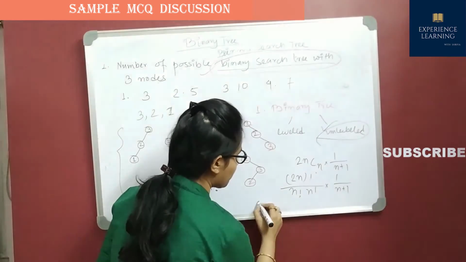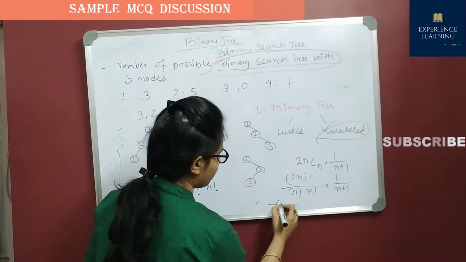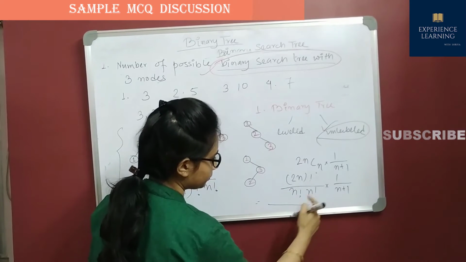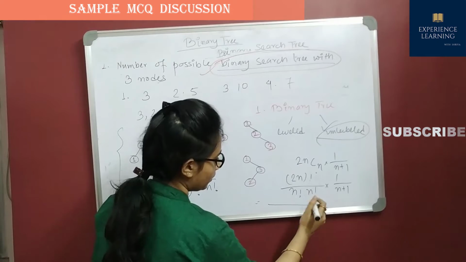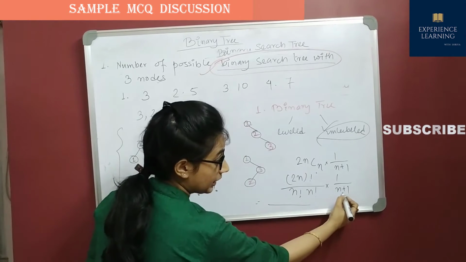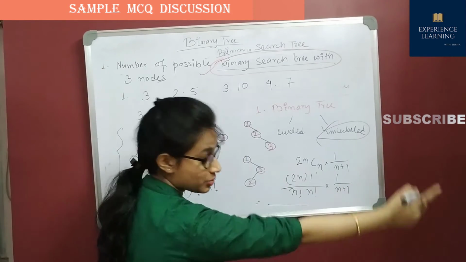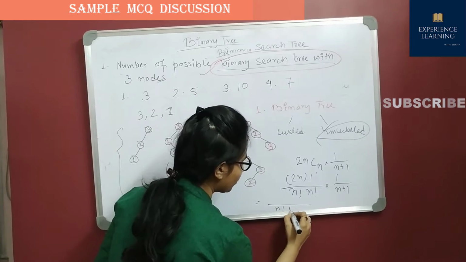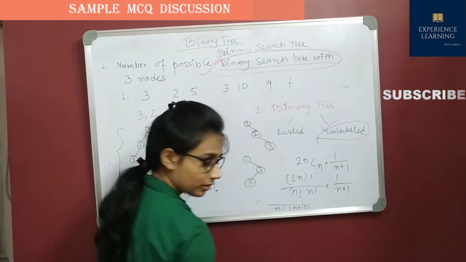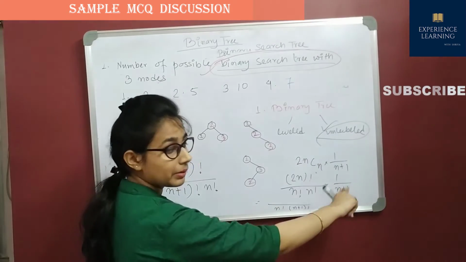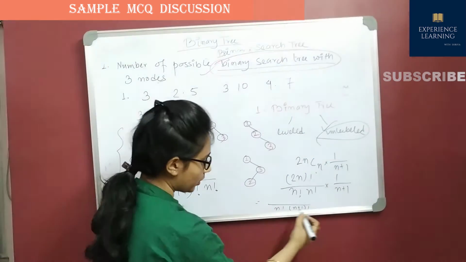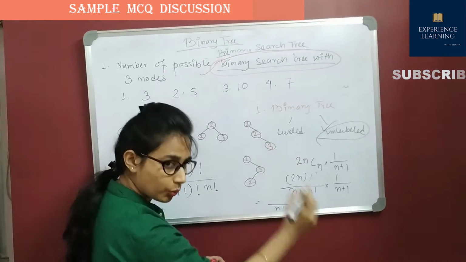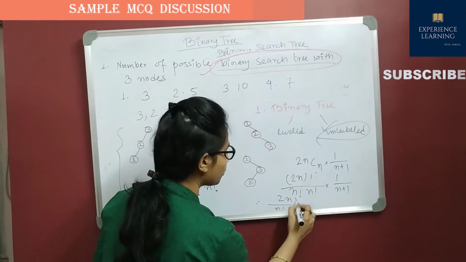Now, if you write n factorial into n plus 1, that will be n factorial into n plus 1 factorial. No? N factorial into n plus 1 will basically be n plus 1 factorial, and here it will be 2n.